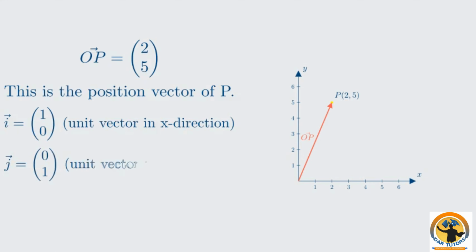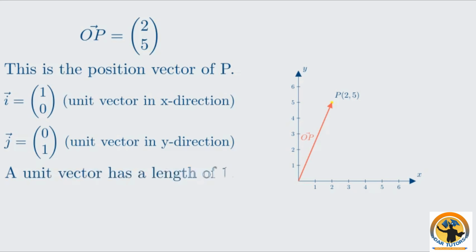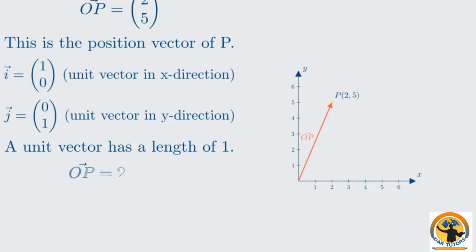We can also express this vector using unit vectors. We define i as the unit vector in the positive x direction, which is (1, 0), and j as the unit vector in the positive y direction, which is (0, 1). The term unit vector means it has a length of 1 unit. We'll discuss magnitude in more detail later. Using these unit vectors, we can write the vector OP as 2i plus 5j.